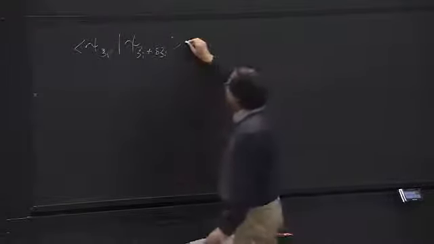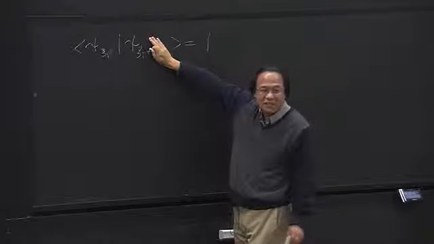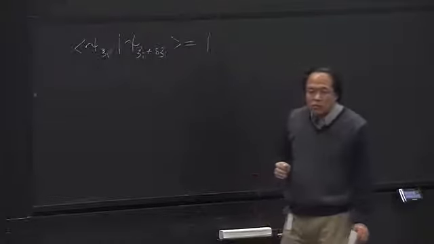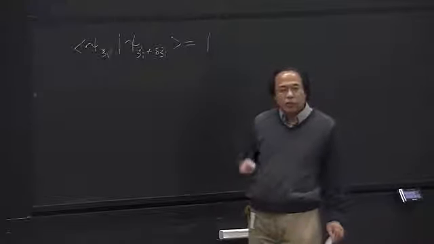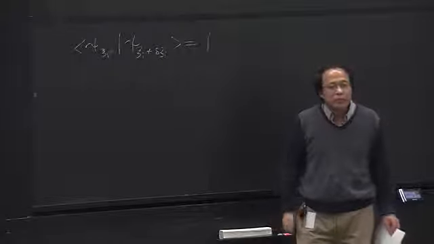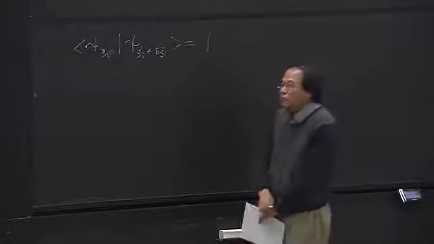This overlap is basically equal to 1 if delta C equals 0. If delta C is not equal to 0, this term is basically a pure phase term. It's a pure phase term. Why is it a pure phase term?